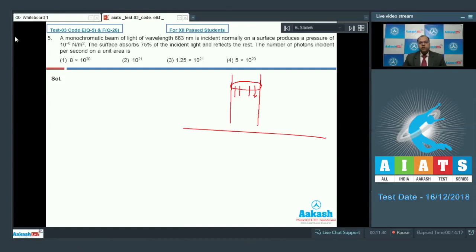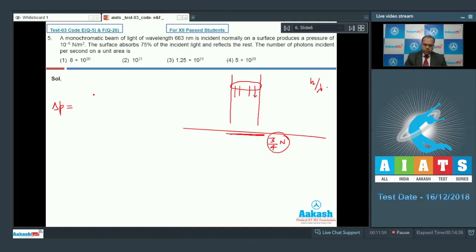If n is the number of photons moving in this cross section and the momentum of each photon is h by lambda, then the momentum imparted to this surface can be written as delta p is equal to 3 by 4 of n photons absorbed by the surface.